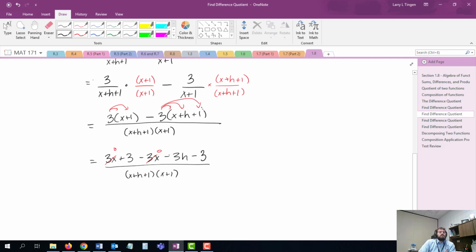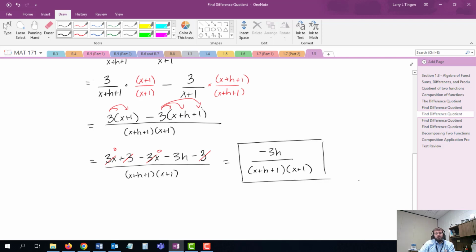Whenever we do these problems, that second step is always going to lead us to an answer where the numerator has an h in it, because the end goal is to be able to divide out the h that appears in the denominator from the difference quotient.